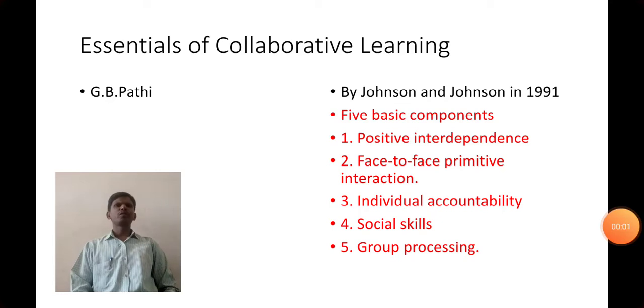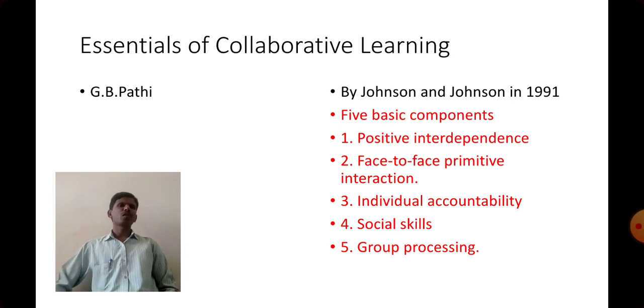Now we will move to the essential components of the collaborative learning approach. There are some essential components to be followed in using the collaborative learning approach. The essential components are advocated by Johnson and Johnson in 1991.